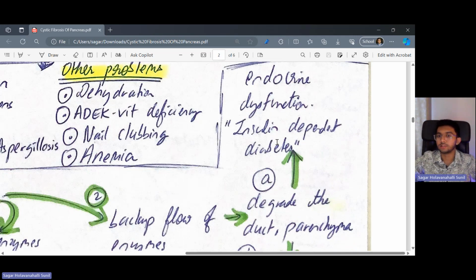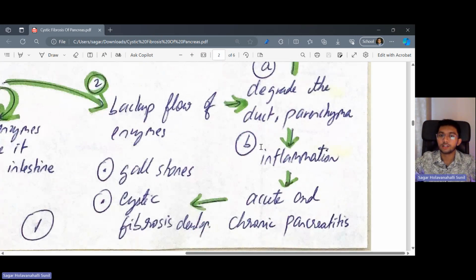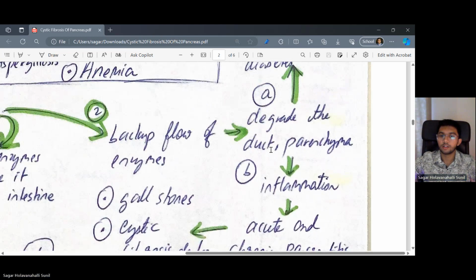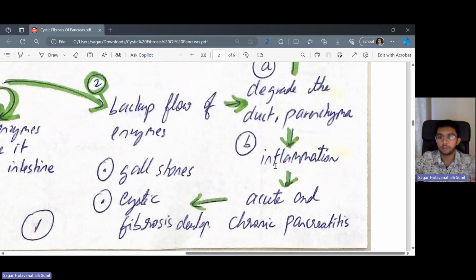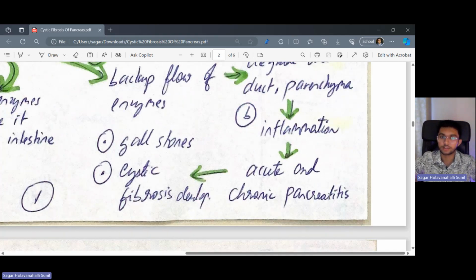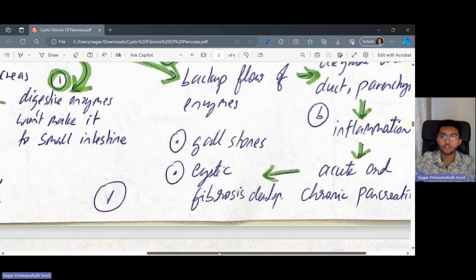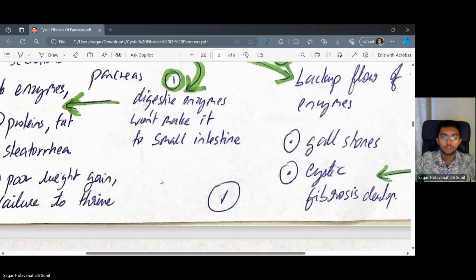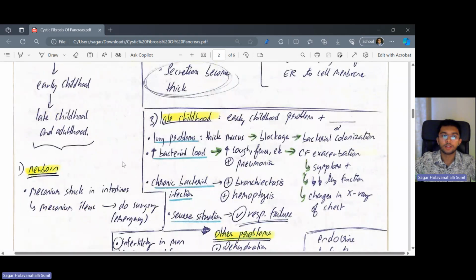The second is inflammation. This inflammation can go widespread and can cause acute and chronic pancreatitis. These will also be combined with gallstones, and eventually cystic fibrosis will develop. So you have cysts and fibrosis within the pancreas.